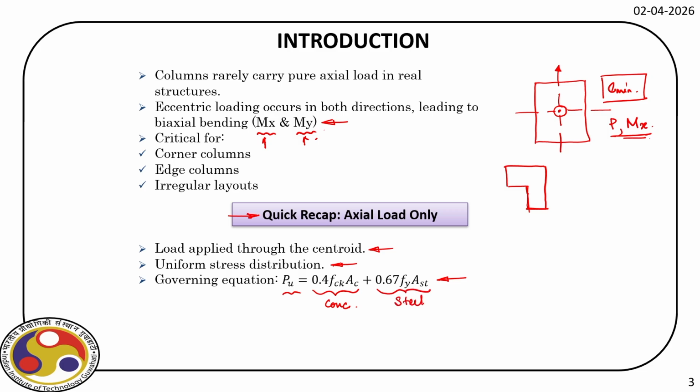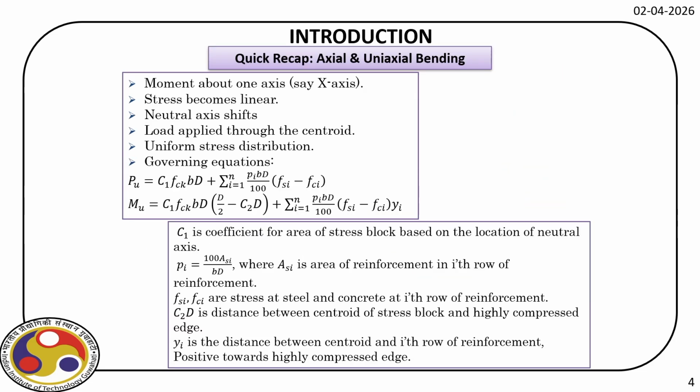Now, if you recall, if we have different layers of steel, we need to consider the effect of each and every layer and finally sum them up to get the total effect for this cross section where we have only axial load acting on the column. Now, if we have a one step harder case where we have the axial load along with uniaxial bending, say about the x-axis, we can have the other axis also experiencing some moment, but let us consider only one axis.